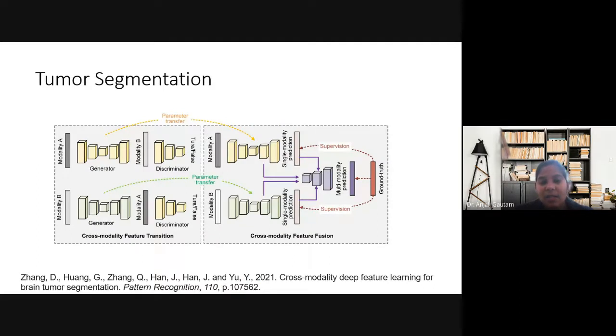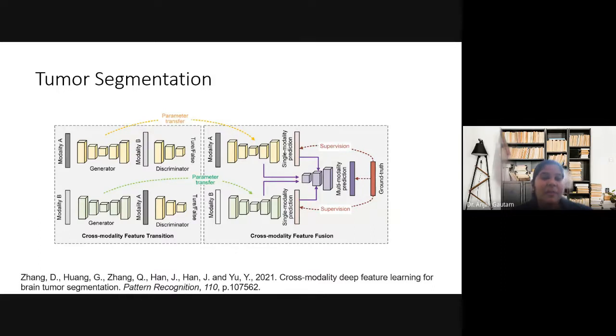Now the other concept which has been used in tumor segmentation is the GAN model. They are using a generator and a discriminator. In this model, they have used this concept for identifying tumors from different modalities.